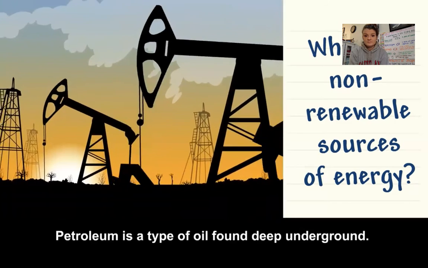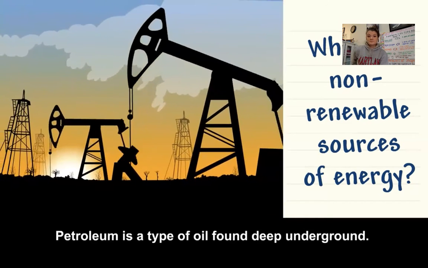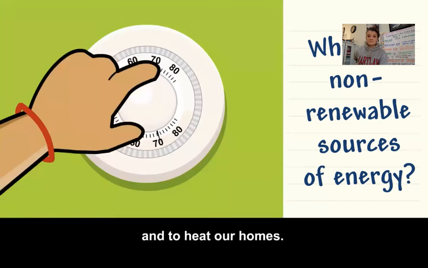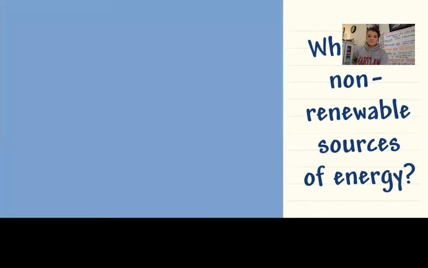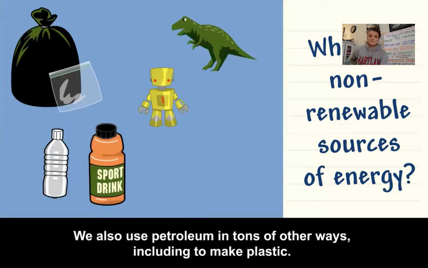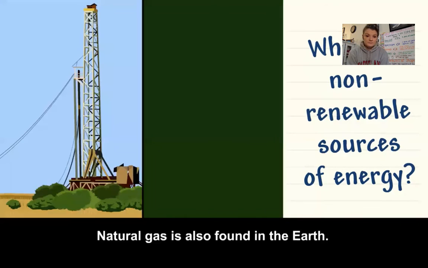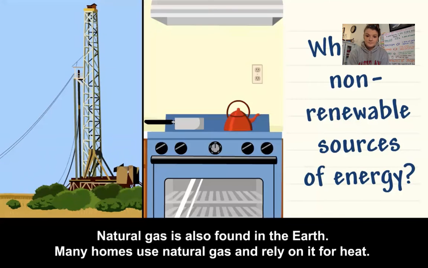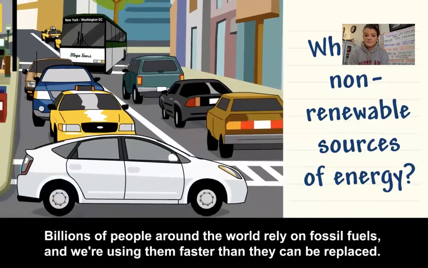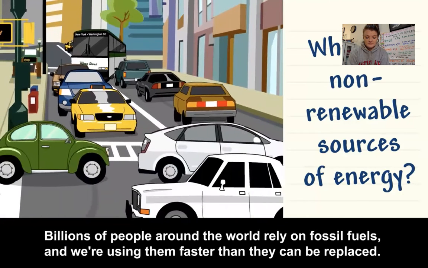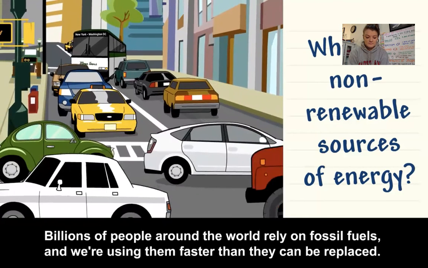Petroleum is a type of oil found deep underground. We use it to make gasoline and to heat our homes. We also use petroleum in tons of other ways, including to make plastic. Natural gas is also found in the earth. Many homes use natural gas and rely on it for heat. Billions of people around the world rely on fossil fuels, and we're using them faster than they can be replaced.